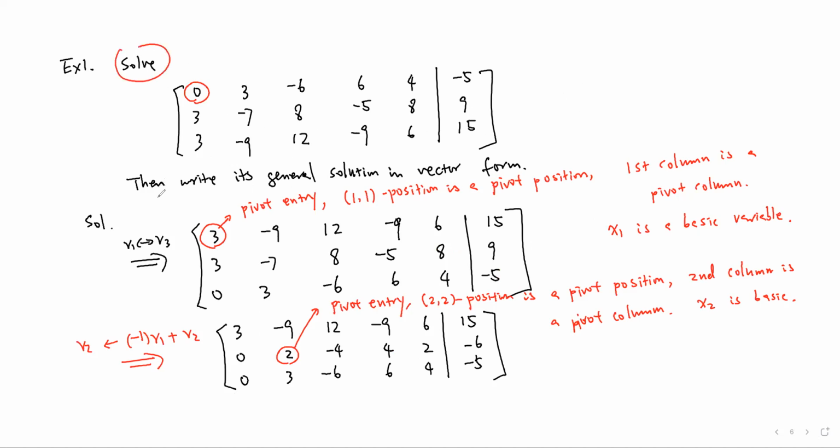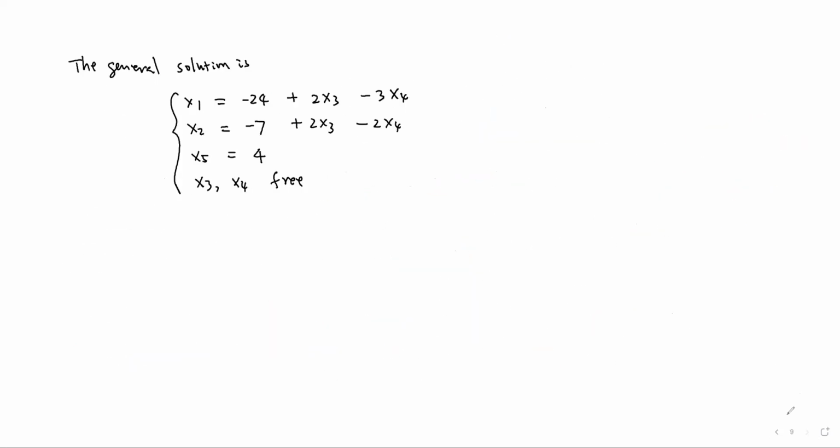Okay. Now, second question. Write the general solution in vector form. In vector form, I put all the unknowns into a vector: x1, x2, x3, x4, x5.